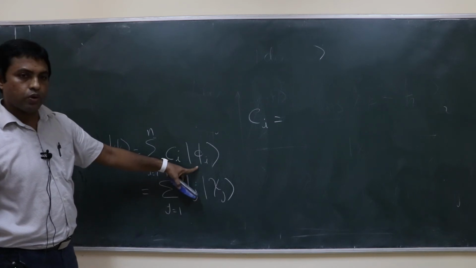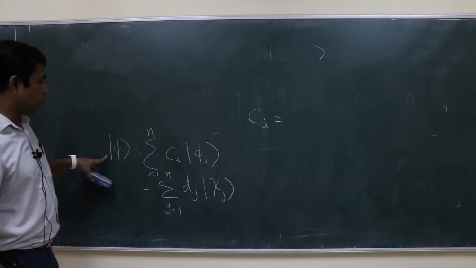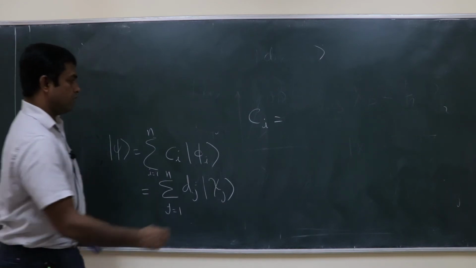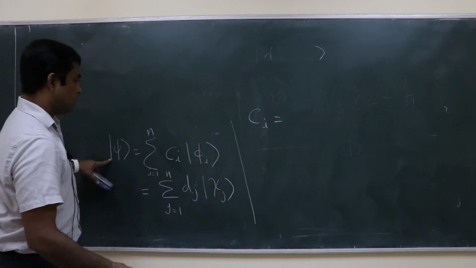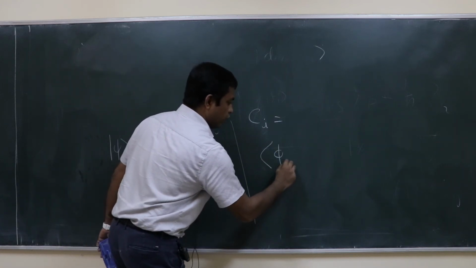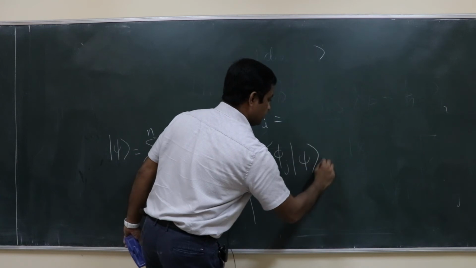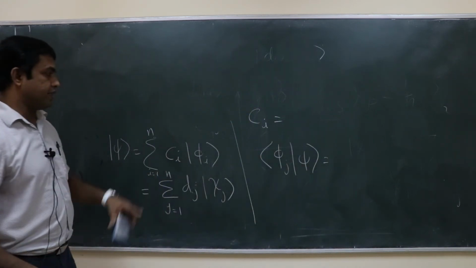If ket phi are our orthonormal basis vectors, and I multiply this equation from the left side by bra phi j, on ket psi, what do I get on the right hand side?